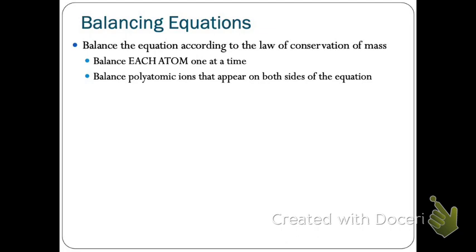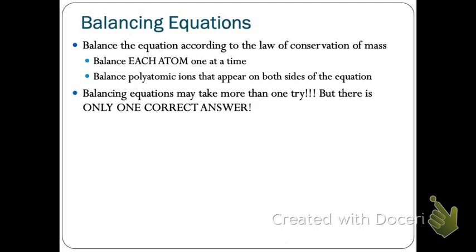Can you give me an example or tell me where I'm going to find the polyatomic ions? In the box. The box tells us ions with many atoms. So phosphate, nitrate, carbonate, all of those things that we got familiar with when we were naming compounds, those are polyatomic ions. So if you see phosphate on both sides of our equation, we'll be able to balance that as a whole. And that will make more sense as we look at an example.